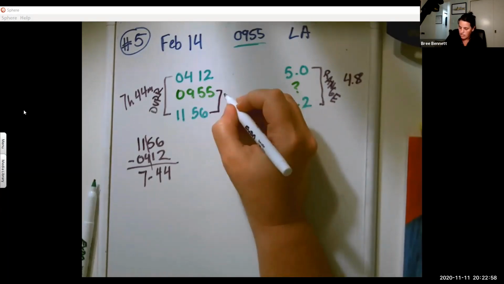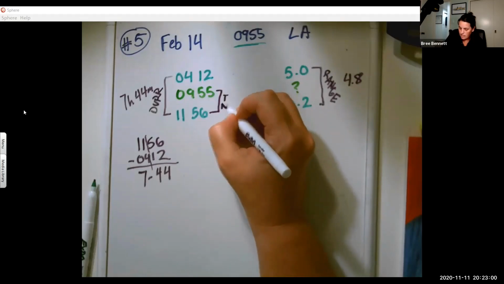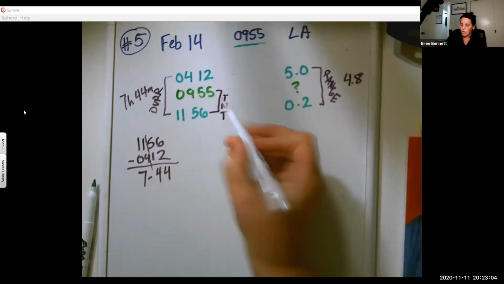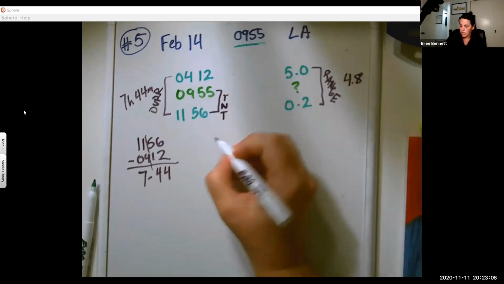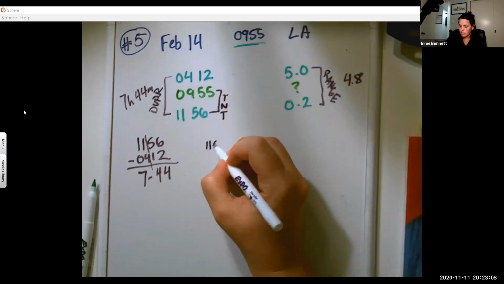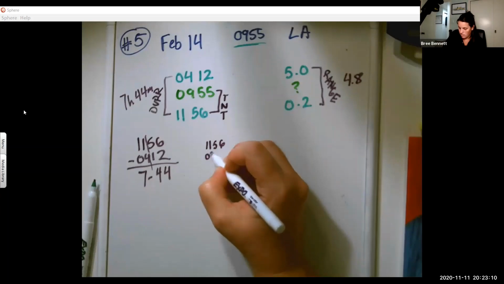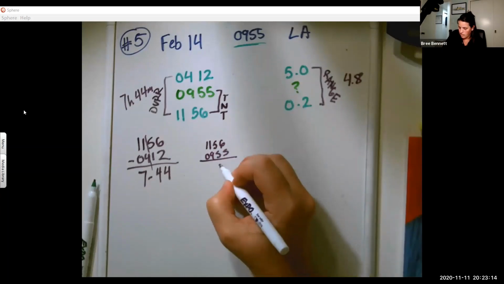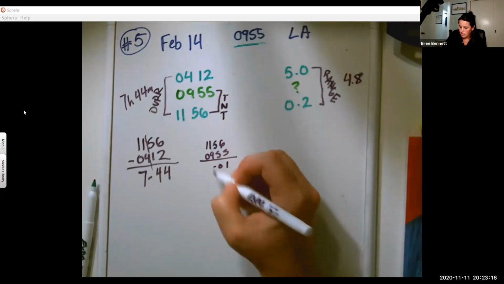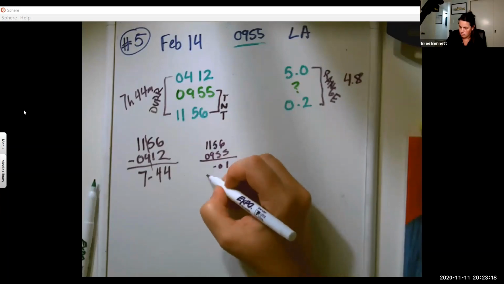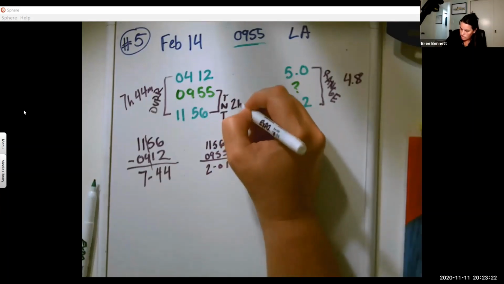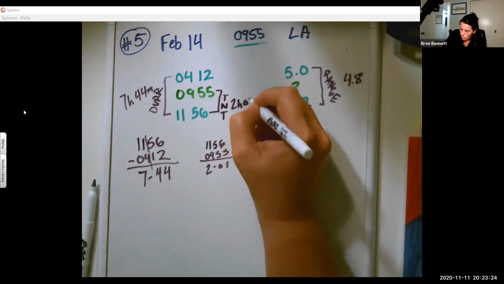That's going to be our TNT, time to the nearest tide. So I'm going to get the difference between these. I get 2 hours and 1 minute.